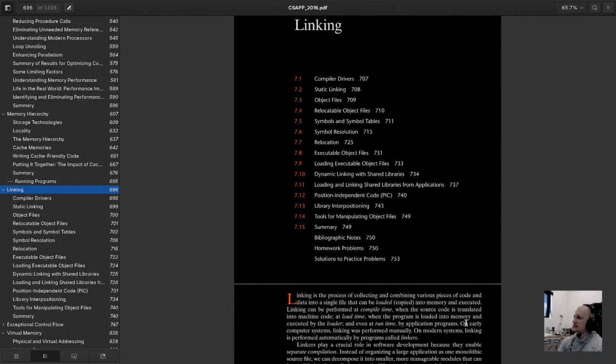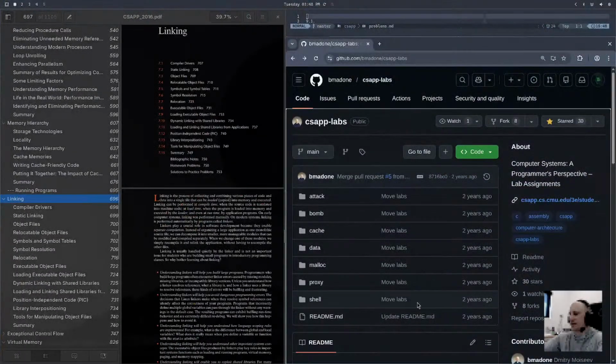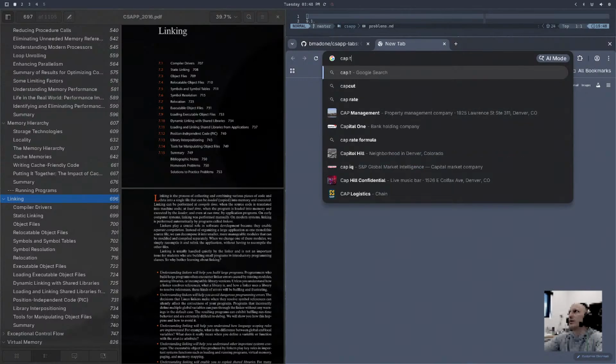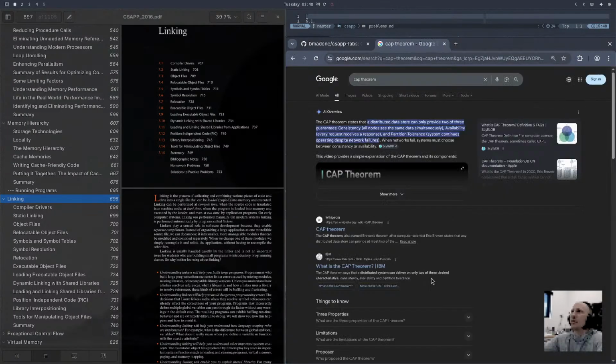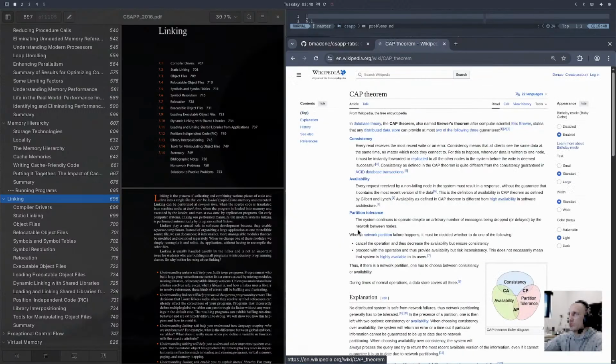Generally with likes, there's not a high degree of consistency. They prefer availability. So if you're not familiar with this, there's something called the CAP theorem. You can read about it. It's pretty straightforward though. At any given time, you have a trade-off. There's three things: consistency, availability, and partition tolerance. And at any time, you get to choose two of those things.